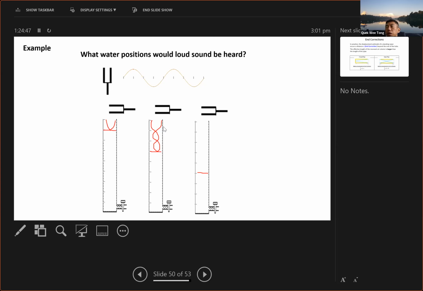In contrast, what about at other levels where you don't get a standing wave? Why don't you hear a loud sound? At the non-standing wave levels, the standing wave won't be formed. So energy goes in and goes out without being trapped.